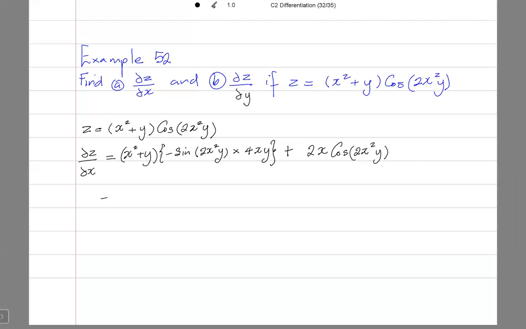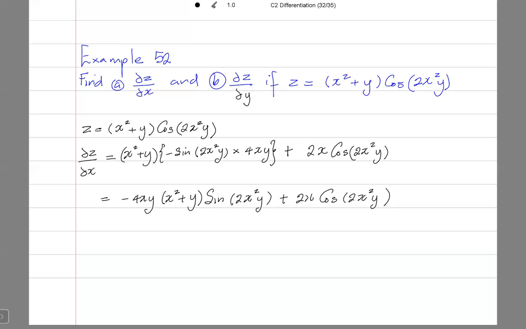Let's tidy it up. We're going to end up with minus 4xy times x squared plus y times sine of 2x squared y, plus 2x times the cosine of 2x squared y. So I just partially differentiated with respect to x.